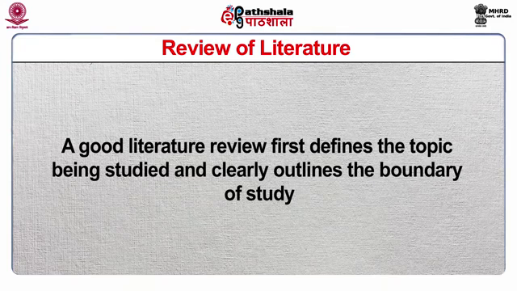A good literature review first defines the topic being studied and clearly outlines the boundary of the study. Thereafter, the literature is organized either in terms of its relevance, that is, the most relevant literature appears first, or according to the source of literature, that is, the research articles, the books, the journals, and other sources.